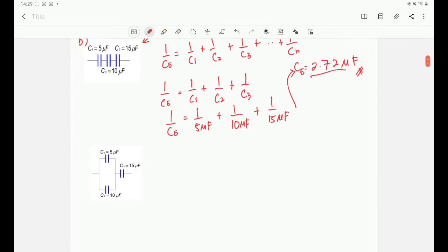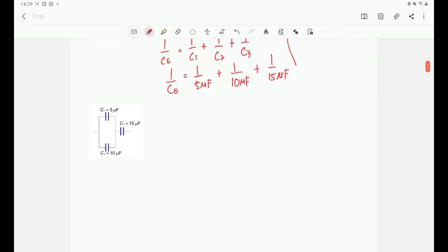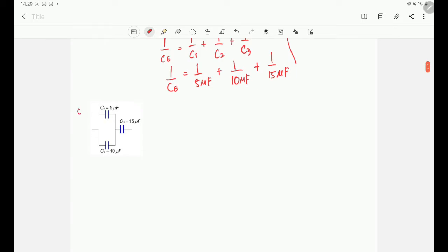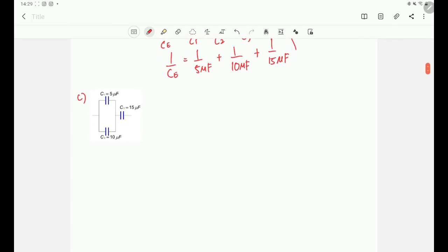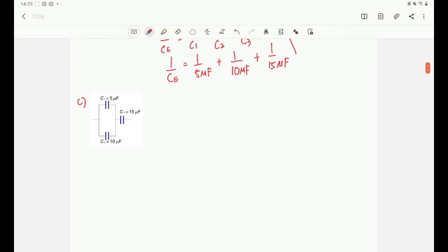Alright, the next question is question C. Sorry, I'm coughing. Look into the circuit. From the circuit we know this is a combination of series and parallel.